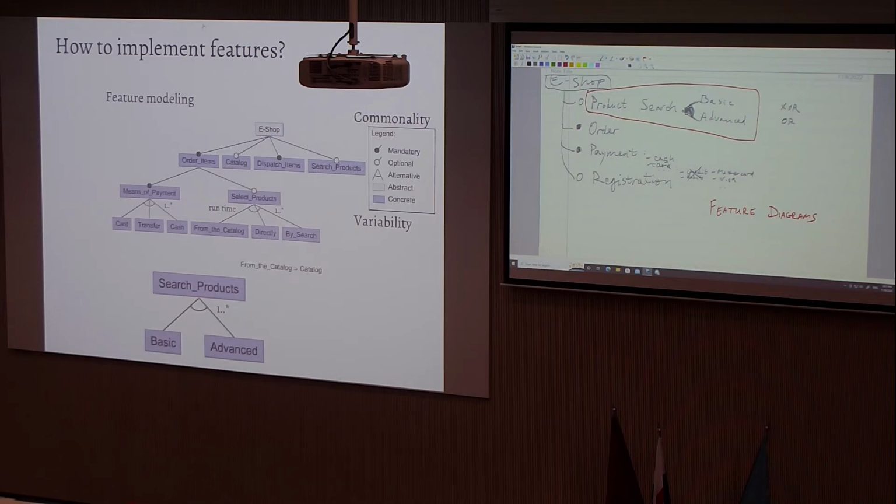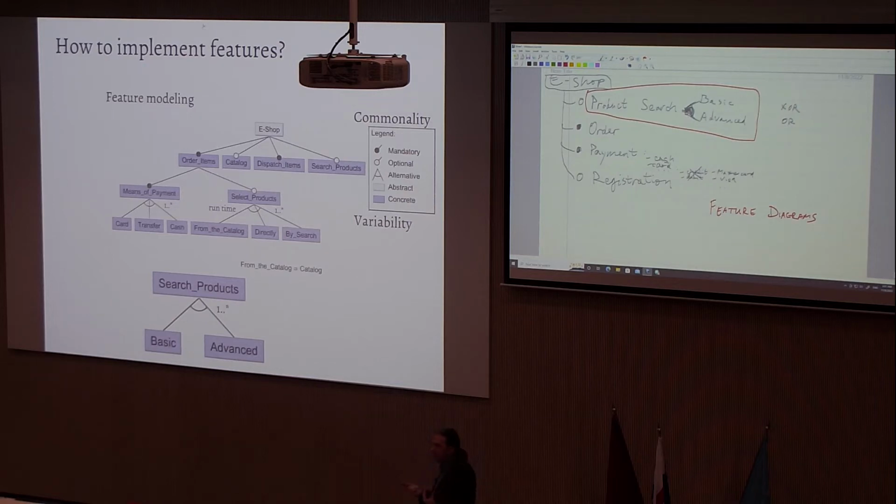This is how you can approach domain analysis. When I draw these feature trees, feature diagrams, I did not think of how these features are going to be implemented. I was thinking primarily about how they interfere with each other.